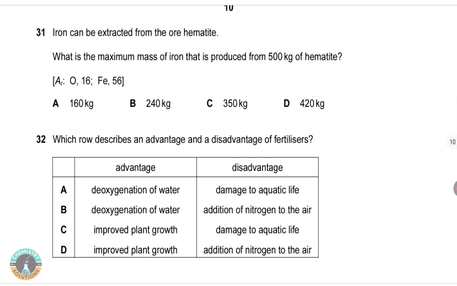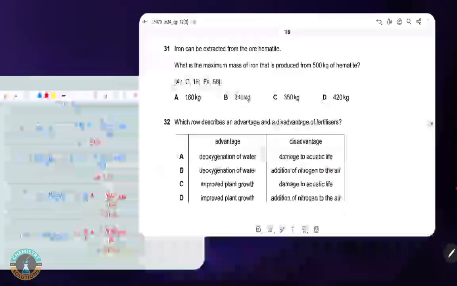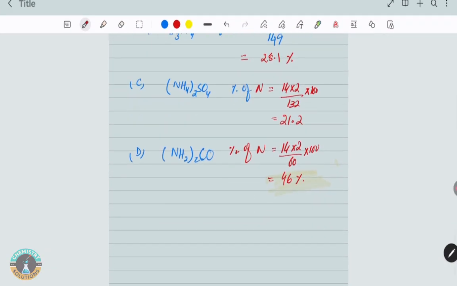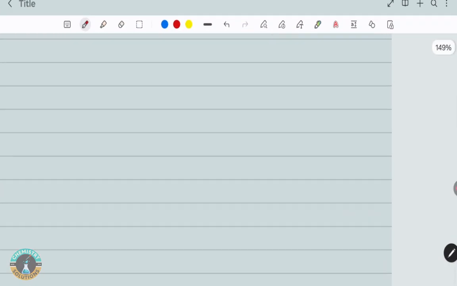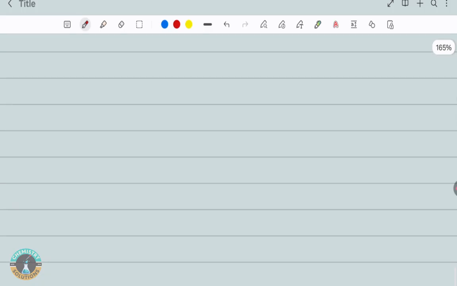Iron can be extracted from the ore hematite. What is the maximum mass of iron that is produced from 500 kg of hematite? Okay, we have to calculate this question, so we have to move towards the board. There are three steps to solve this question.